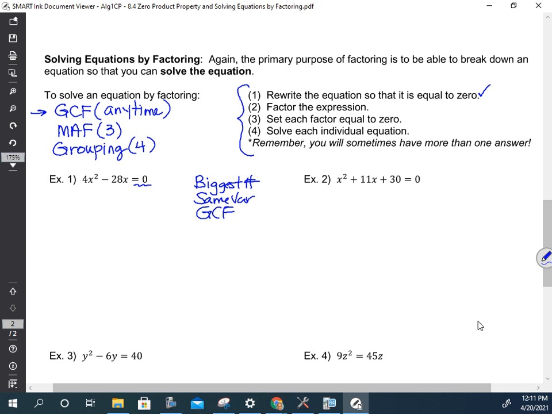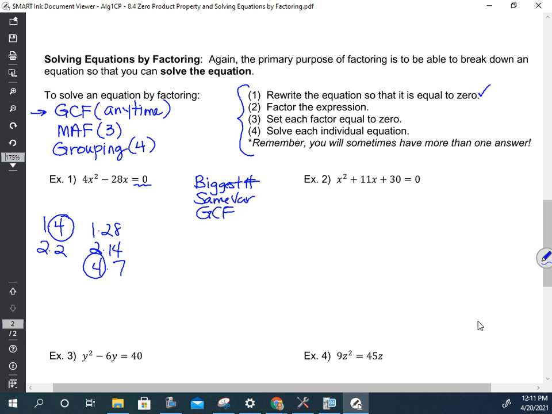What's the biggest number that you can divide out? 4 is 1 times 4, 2 times 2. 28 is 1 and 28, 2 and 14, 4 and 7.